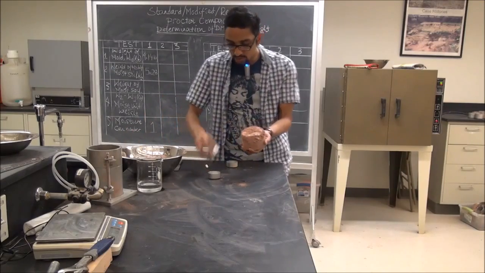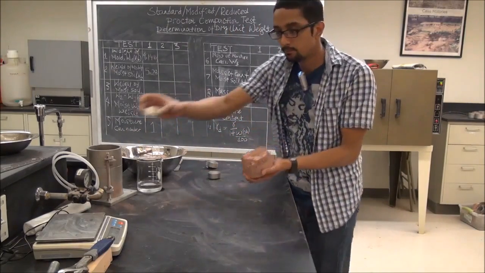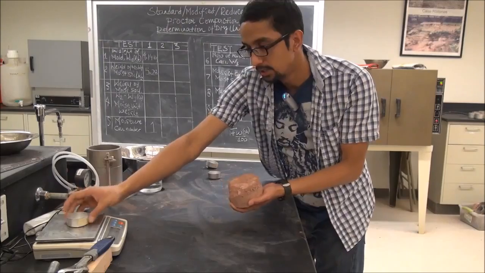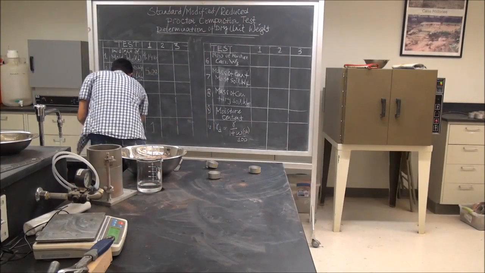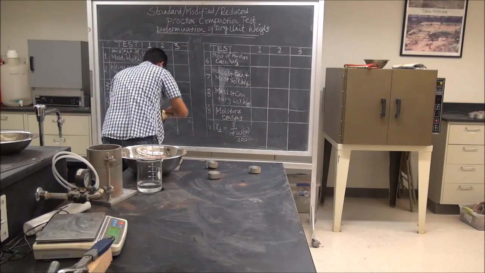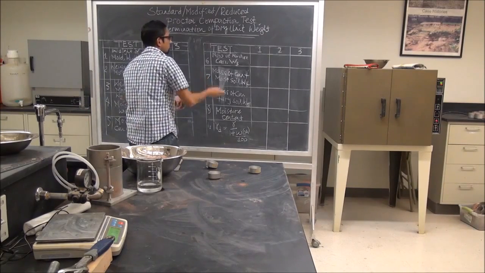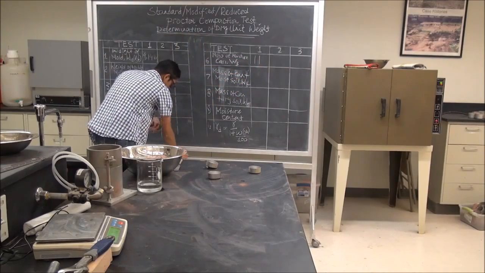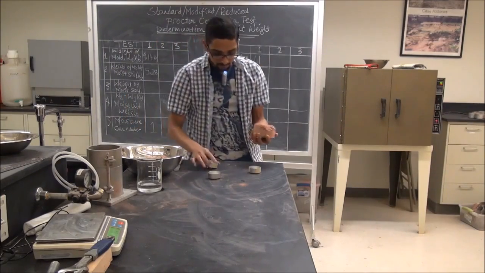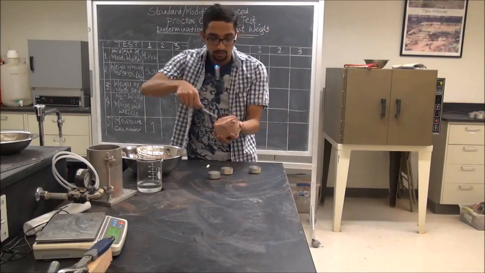The next thing to do is measure a moisture can, 11 grams. Put it on the table. Then take some sample from the middle of the soil.